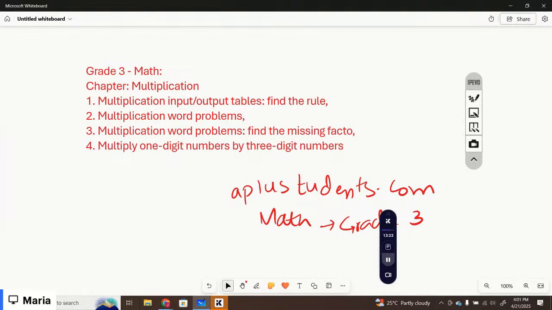We're going to start with the chapter multiplication. The lessons we're going to cover today are multiplication input output tables, find the rule, multiplication word problems, find a missing factor, multiply one digit number by three digit numbers.